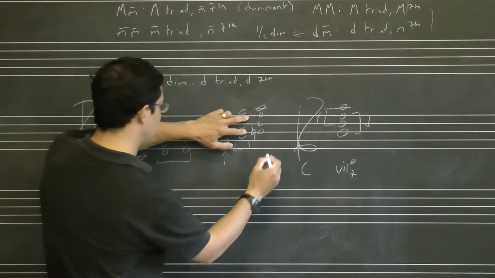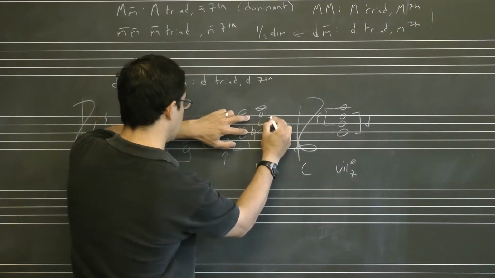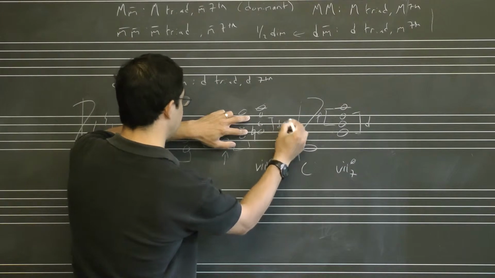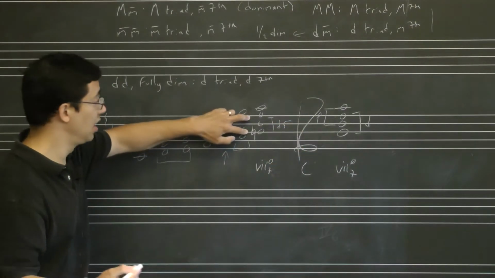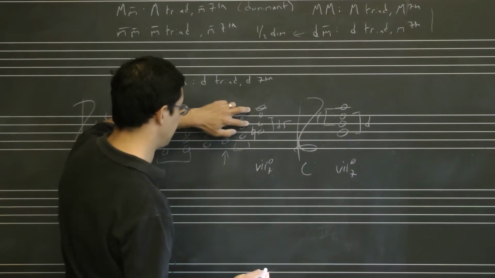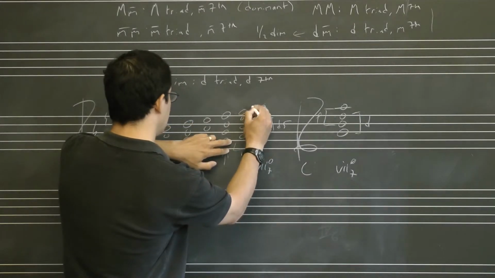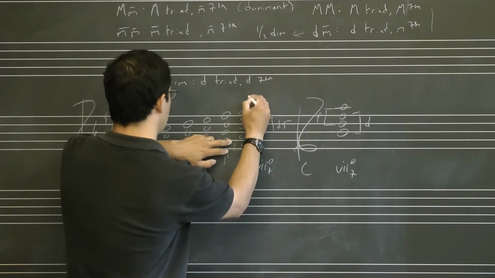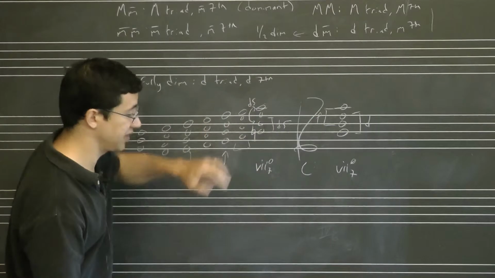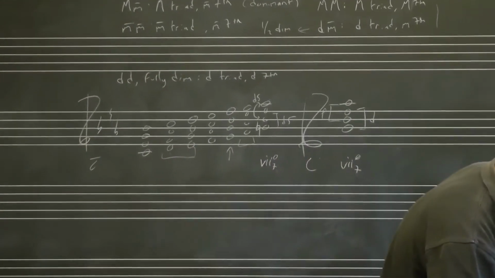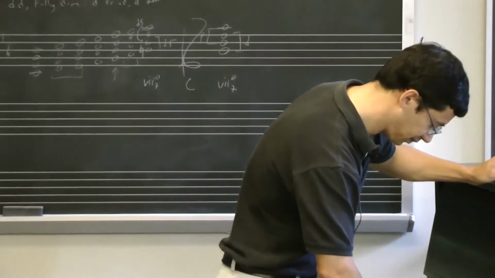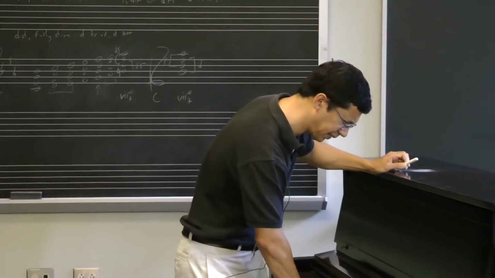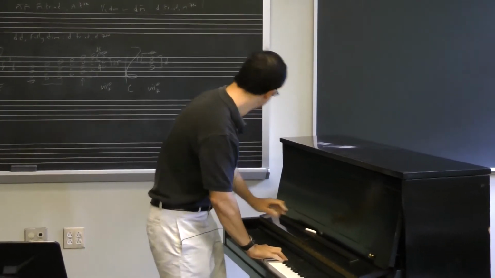In contrast, the fully diminished seventh chord has a diminished fifth, as we know, between root and fifth, but also a diminished fifth from the D up to the A flat. Right there, we've got a second diminished fifth. So the sound of this, I didn't play the half diminished. Let me take a step back.